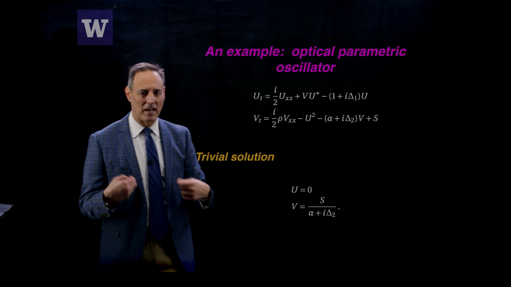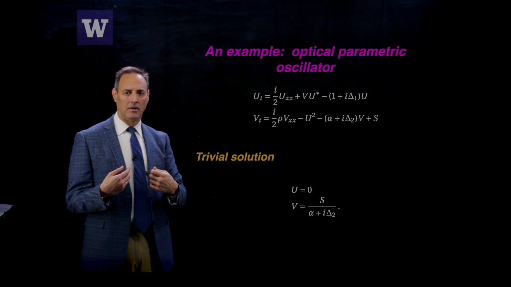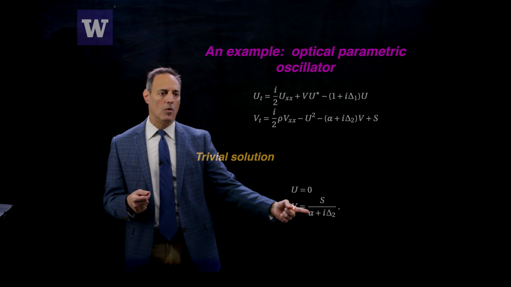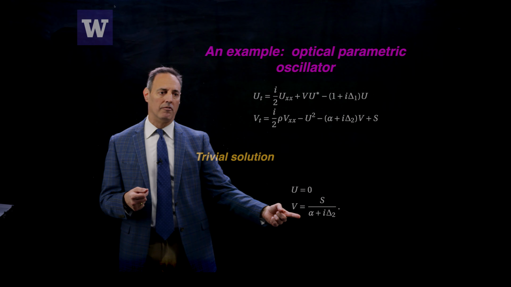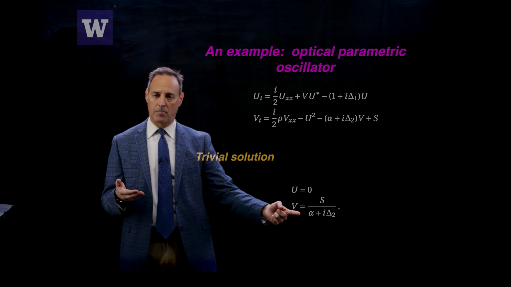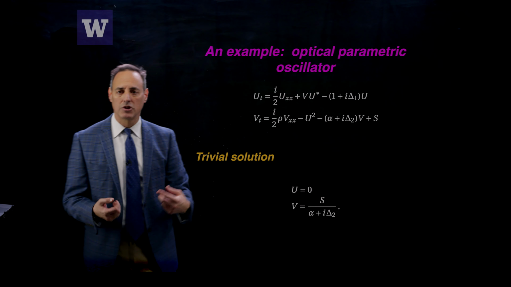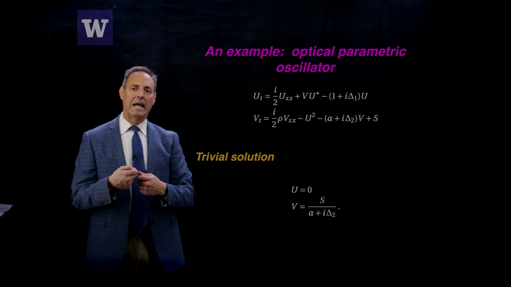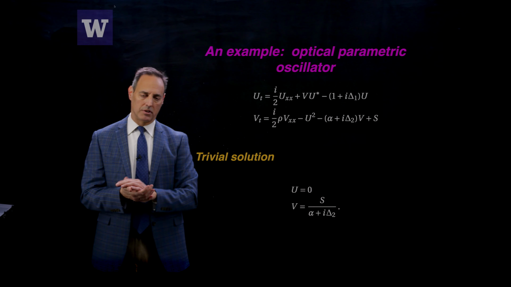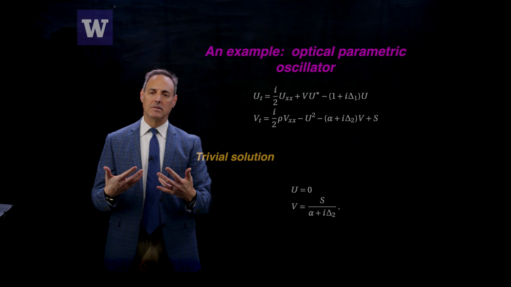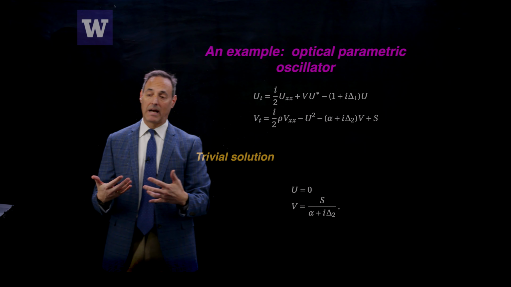S is essentially going to act like my bifurcation parameter. V is some constant, dependent upon that S, and U equals 0. This is my trivial solution. What I want to ask is, at what point do I make S big enough that this solution goes unstable? And then what happens to my optical fields past that point?